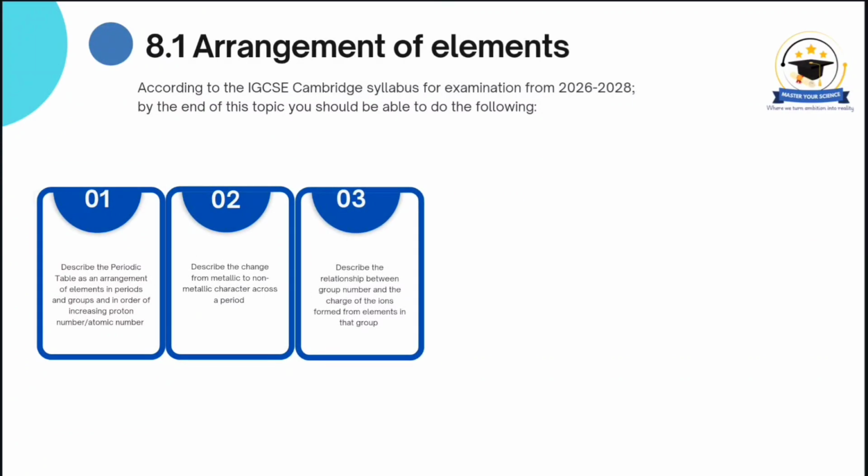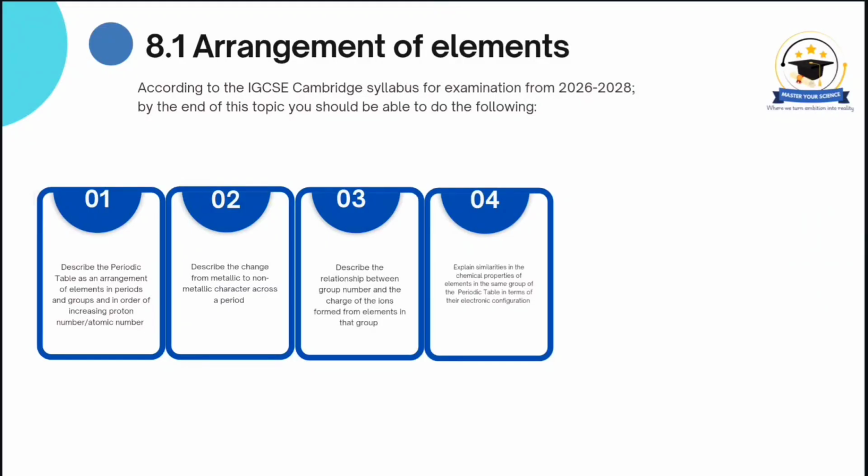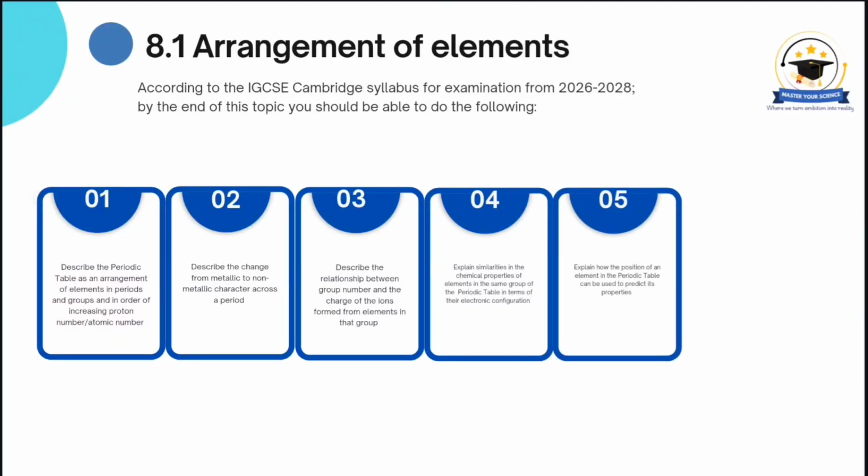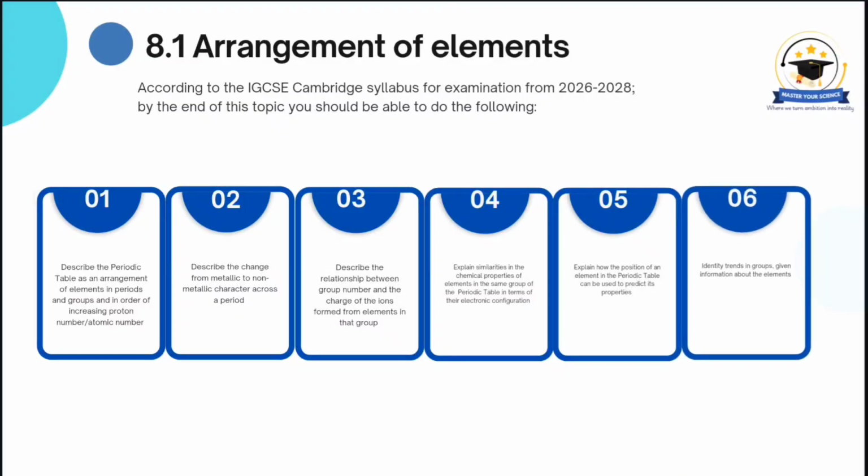Describe the relationship between the group number and the charge of the ions formed from elements in that group. Explain similarities in the chemical properties of elements in the same group of the periodic table in terms of their electronic configuration. Explain how the position of an element in the periodic table can be used to predict its properties. And number 6, identify trends in groups given information about the elements.